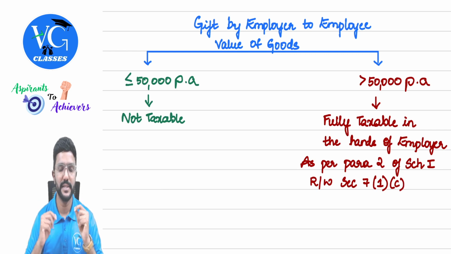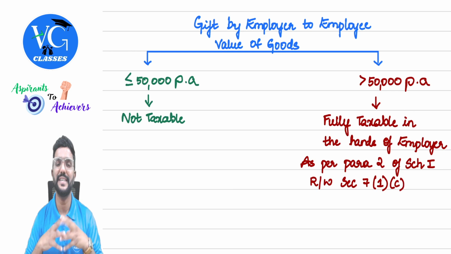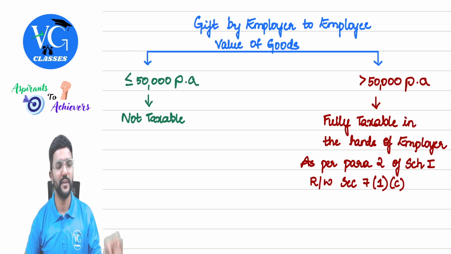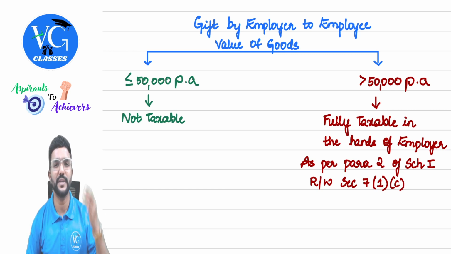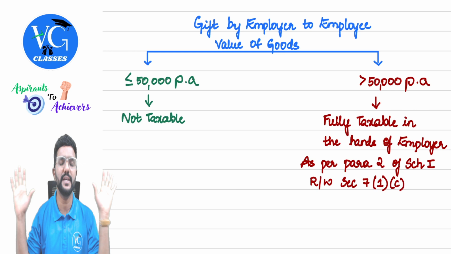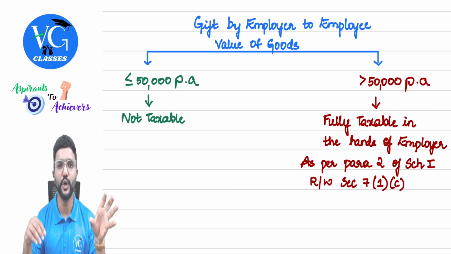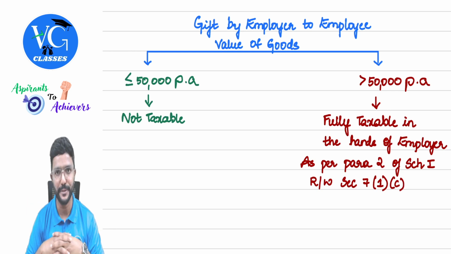In income tax, please listen here. If an employee renders any service to the employer, which is employment service, and anything which the employer pays to the employee in the form of basic pay, bonus, or commission, or allowance, or perquisite, everything is taxable in the hands of the employee under the salary head on due or receipt basis, whichever is earlier.